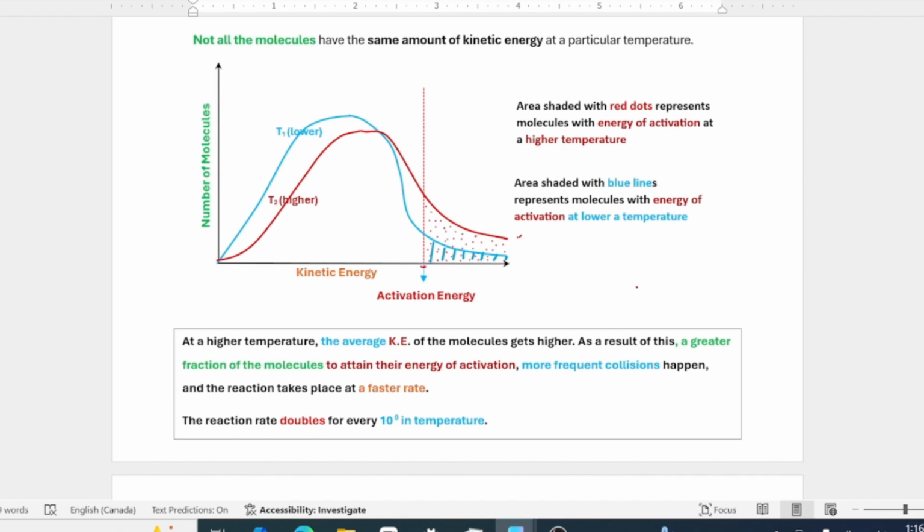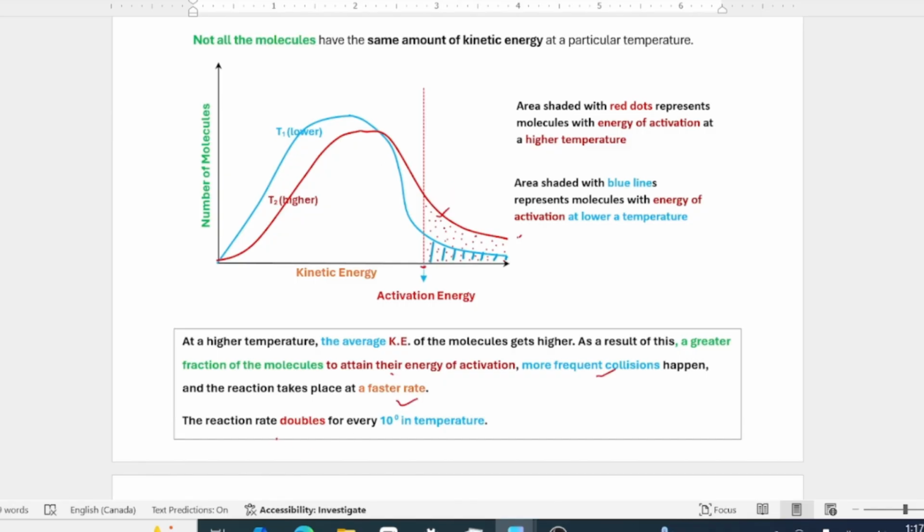So at a higher temperature, the average kinetic energy of the molecules gets higher. As a result of this, a greater fraction of the molecules attain their energy of activation, more frequent collision happens, and the reaction takes place at a faster rate. And that is why, at a higher temperature, the rate of the reaction will increase.